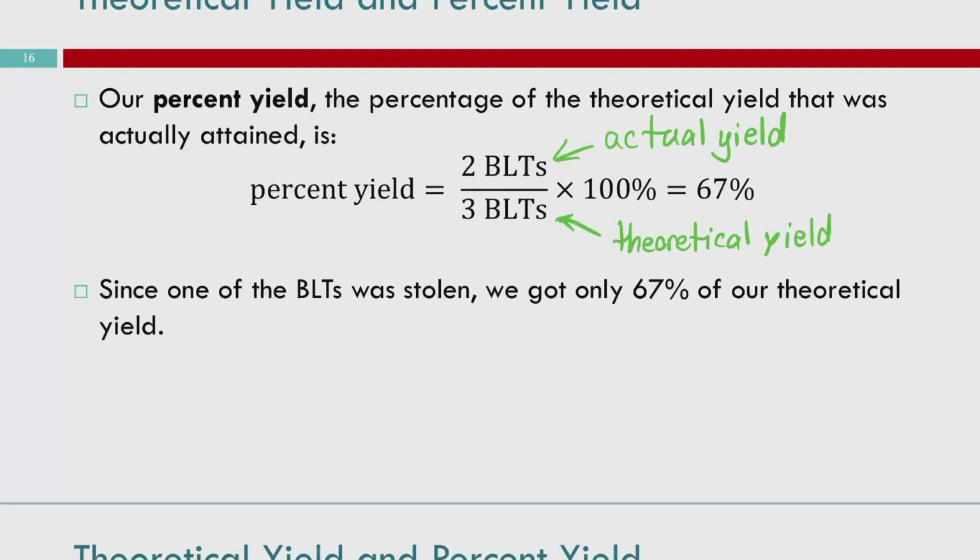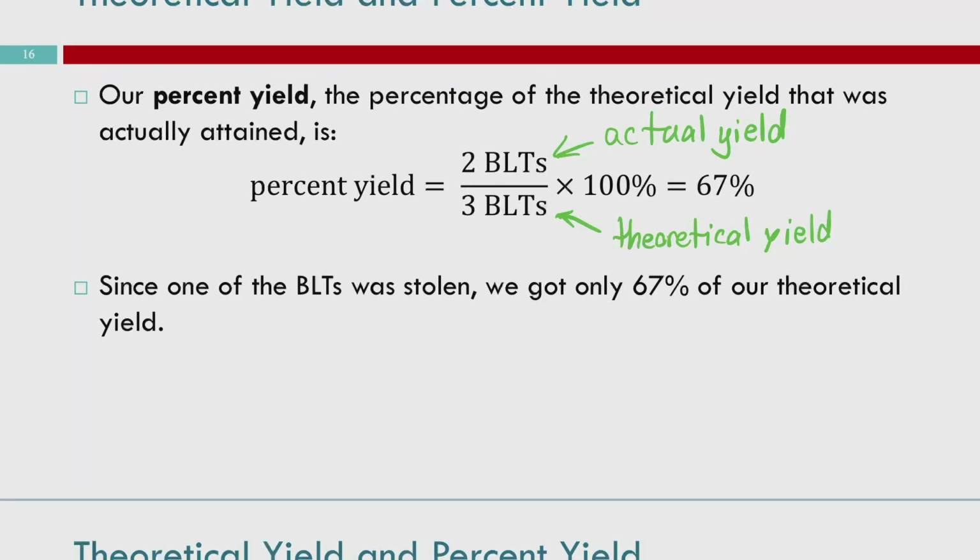Who knows? In the chemical world, the reason that we would calculate percent yield is that usually our chemical reactions are only moderately successful. So a 50% yield would probably be pretty good in many circumstances.